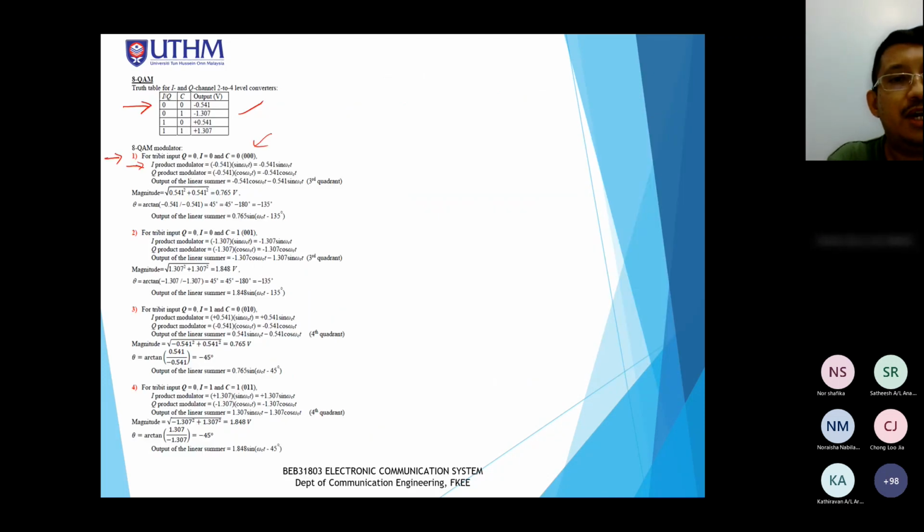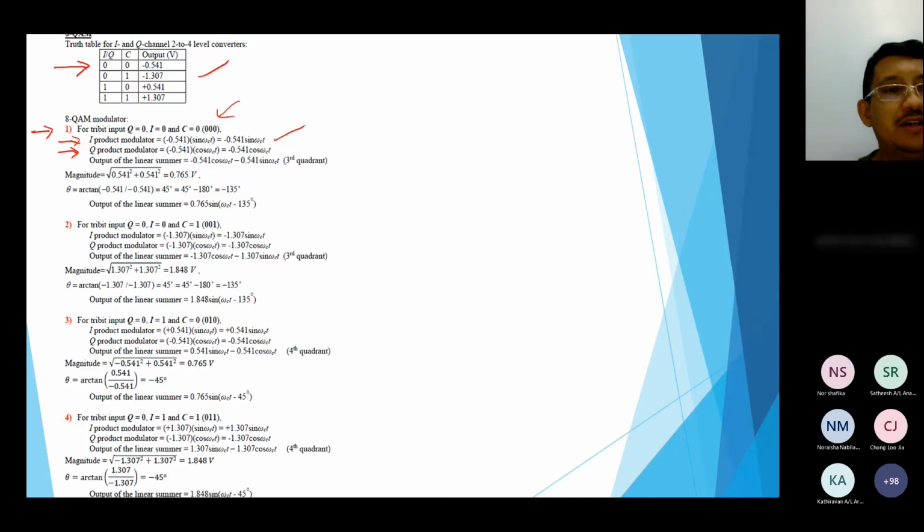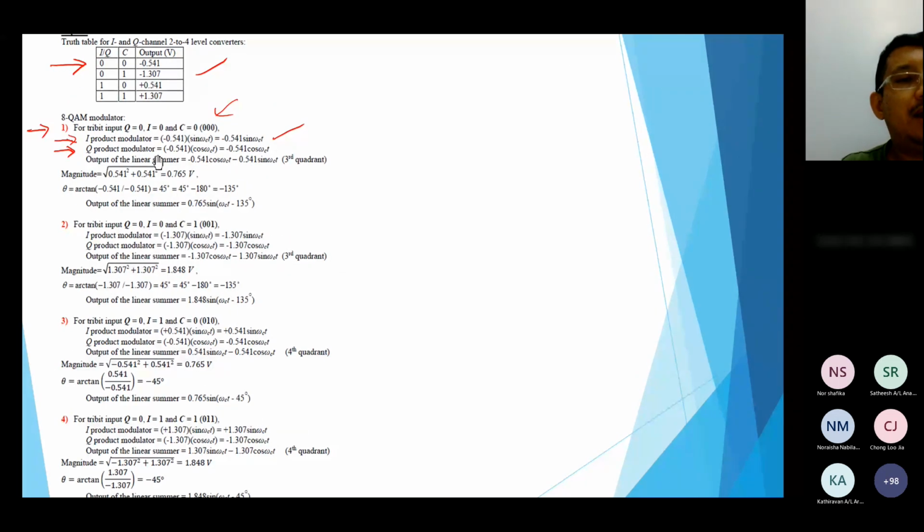Okay, so negative 0.541 multiplied with sine omega ct, so we produce negative 0.541 sine omega ct. For the Q channel, we multiplied the output. If you see that, 0 and 0 produce negative 0.541 multiplied with cosine.